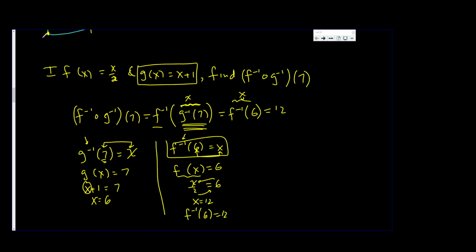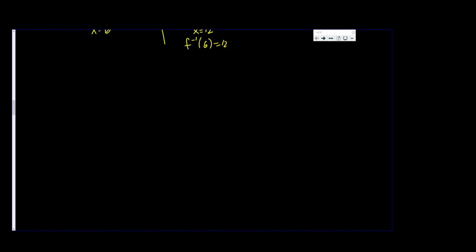You have to think. Okay, there's no formulas all the time in math. You have to think. Okay, now, suppose you have the following. f of x is x squared, and g of x is the square root of x.